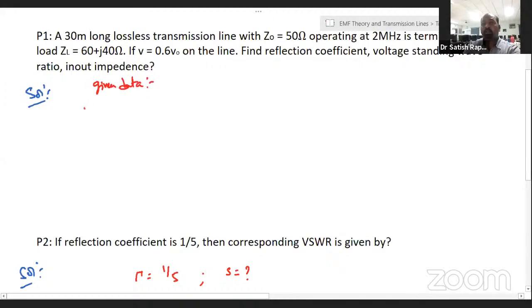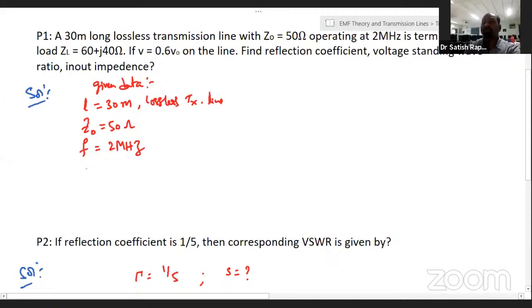L is equal to 30 meters, lossless transmission line, and characteristic impedance Z0 is equal to 50 ohm at f equal to 2 megahertz, terminated with ZL equal to 60 plus j40, and V is equal to 0.6 c.